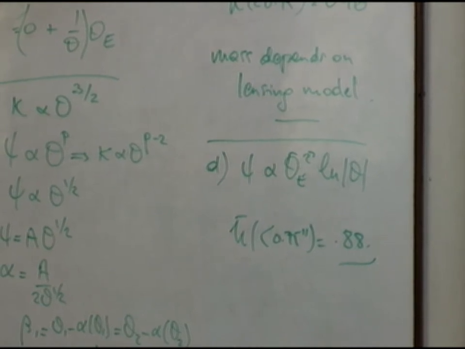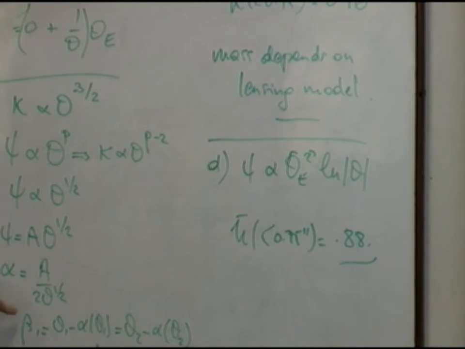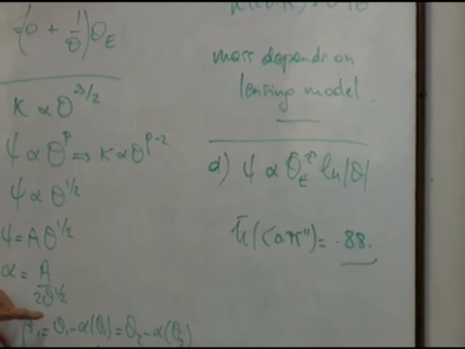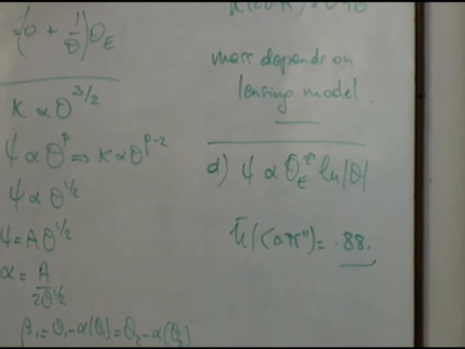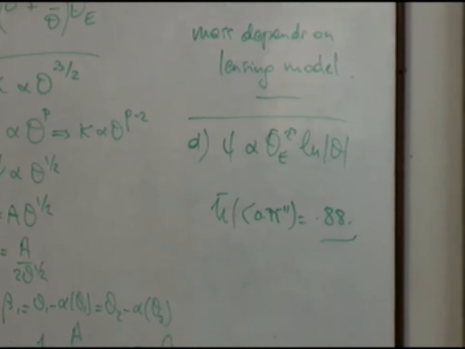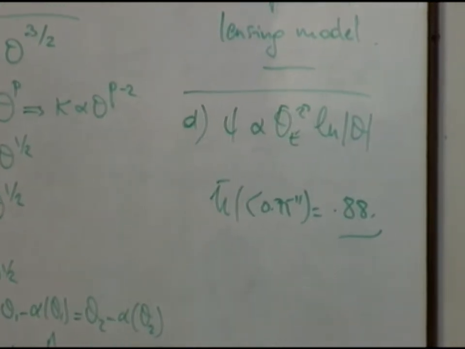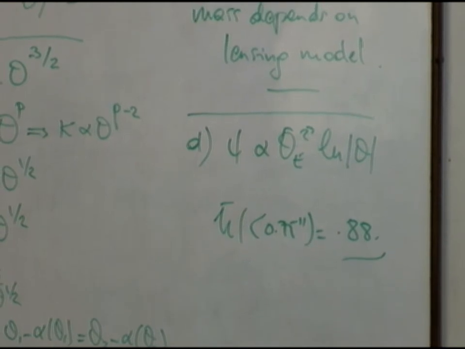Right, you can see how you would solve the same case. It's exactly the same thing, but now you will end up with a different relation because you get a different alpha of theta dependence. So what about the last part of this question? How could you tell the difference?